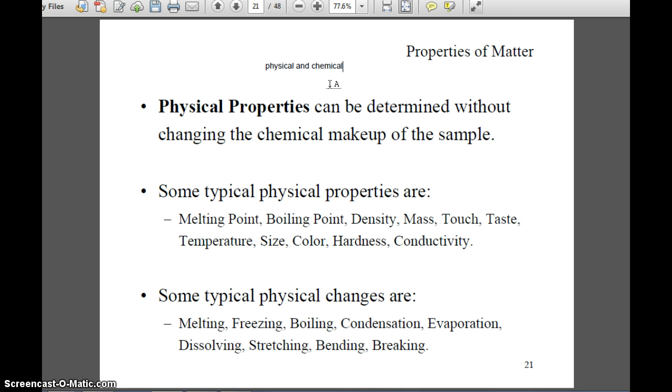So things like melting point, boiling point, phase changes, going from solid to liquid, liquid to gas, that kind of thing. That is going to be an example of a physical property. Color is again a physical property. Whereas oxidation will be considered a chemical property. I'm going to get into more detail in the next video.